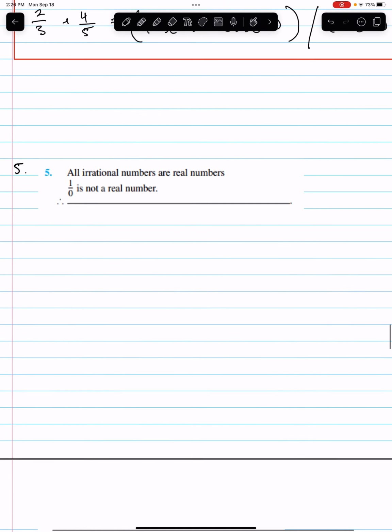Okay, so we have all irrational numbers are real numbers. Even though it doesn't explicitly say if P then Q, it's essentially in that format.